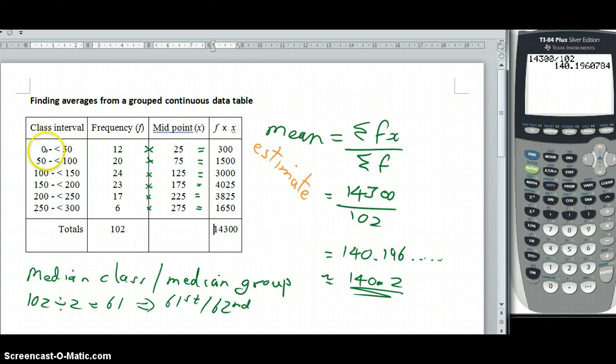Go down the frequency table. Let's have a look here. We've got 12 plus 20 is 32, plus 24 is 56, and so we can see that the 57th, 58th, and so on are in here. So we end up with a median group, which is 150 to 200.